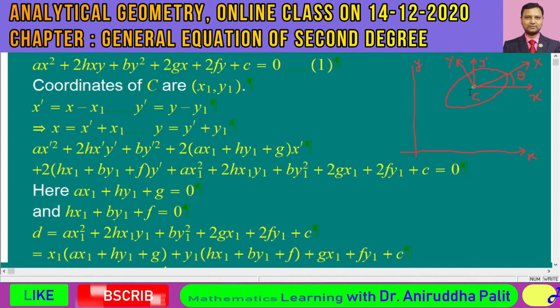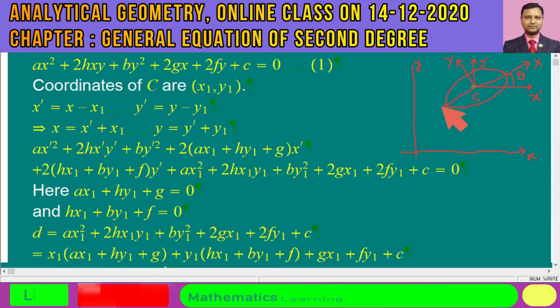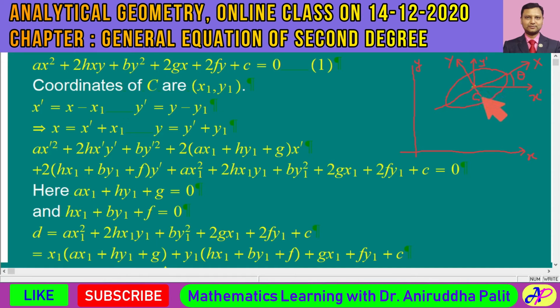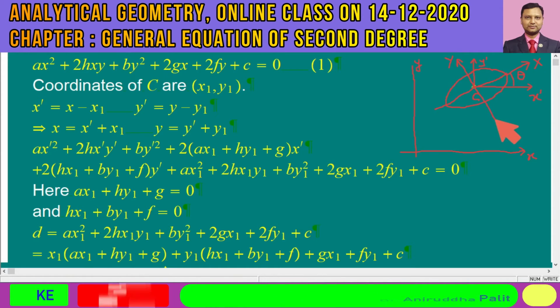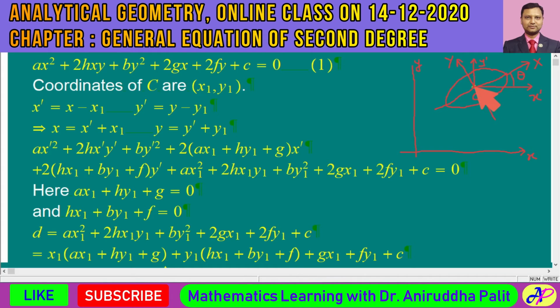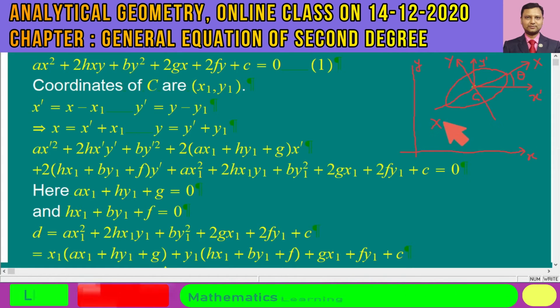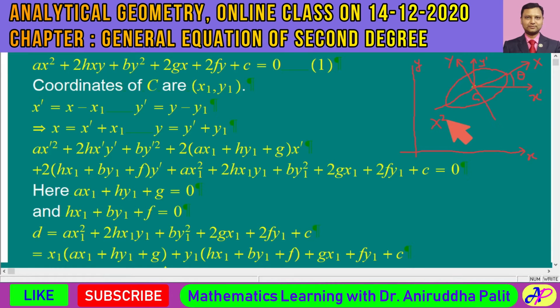Now if you look at this picture a little carefully, then with respect to this capital X axis and capital Y axis, we have the ellipse with center at the origin, and therefore we expect that with respect to capital X and capital Y axis, the equation of the ellipse should be written in standard form.